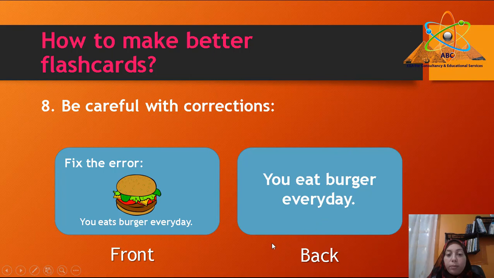To fix this problem, just remove the word that is wrong, put spaces and write here to eat. So the student is going to look at the word and try to put it here correctly. So it will be you eat burger every day. He's going to remember that here there is no word and the word is in the back, and he's going to remember it.